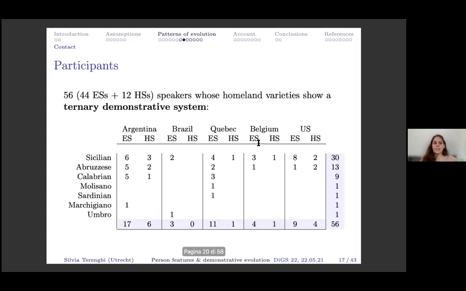And specifically here, I consider 56 speakers whose homeland varieties show a ternary demonstrative system. And as you can see, it's mainly speakers of Sicilian, of Abruzzese, of Calabrian, so Southern Italo-Romance varieties. And interviews were mostly collected in Argentina, Quebec, and in the United States for this group.